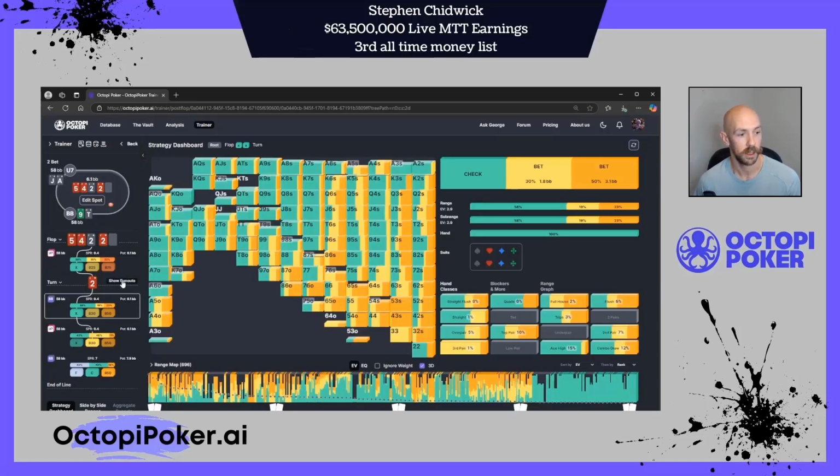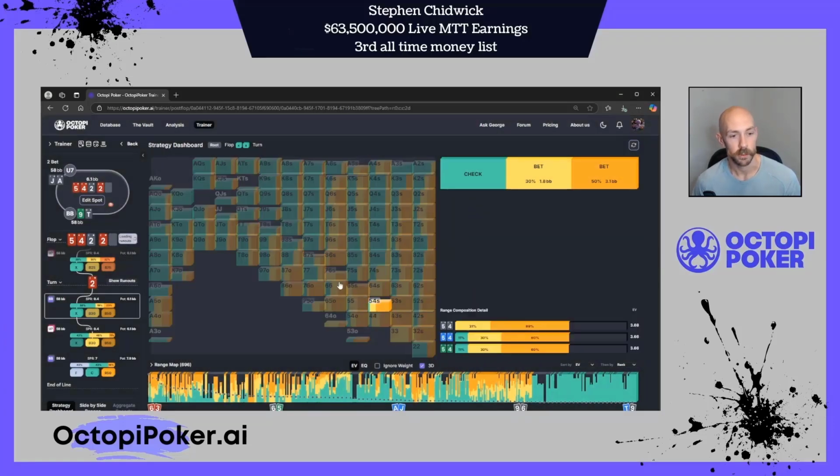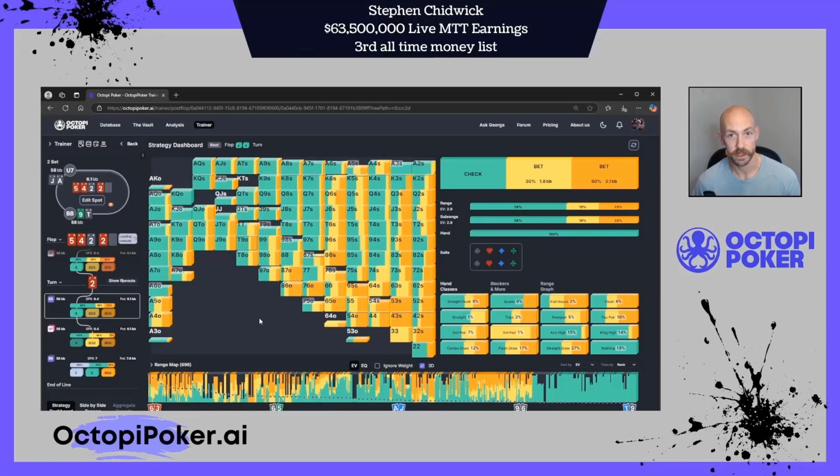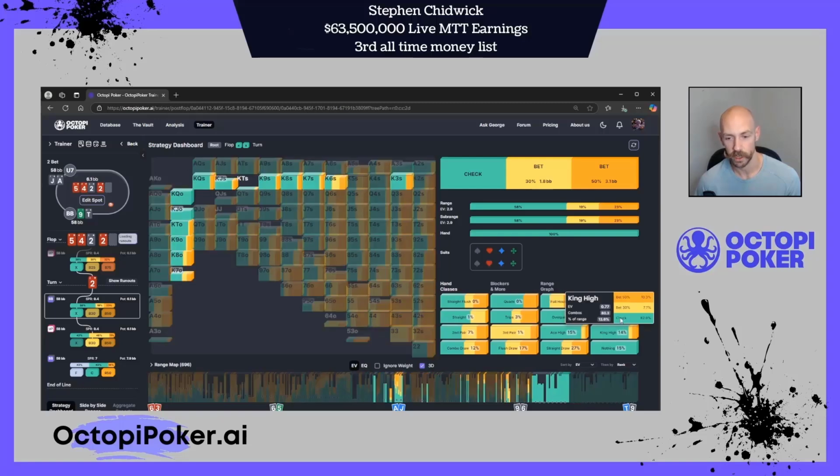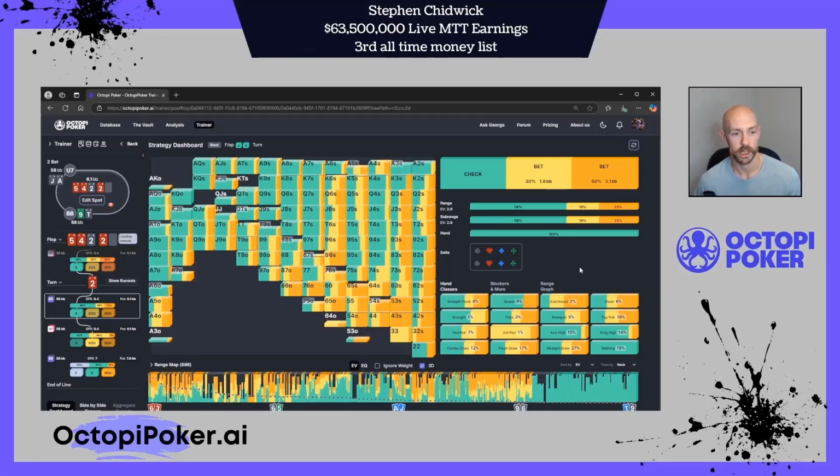Maybe compare this board to some other similar boards to see if they would have played like you expected, or look at the ranges, look at what classes of hands are being targeted by different bet sizes, etc., and try and update your mental model of the spot to more accurately reflect the strategy that would be recommended by whatever your assumptions are.